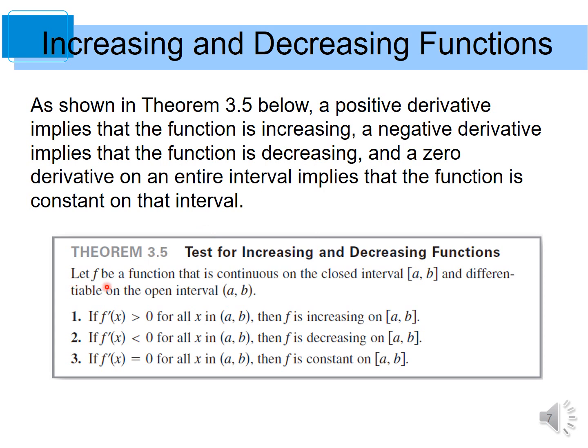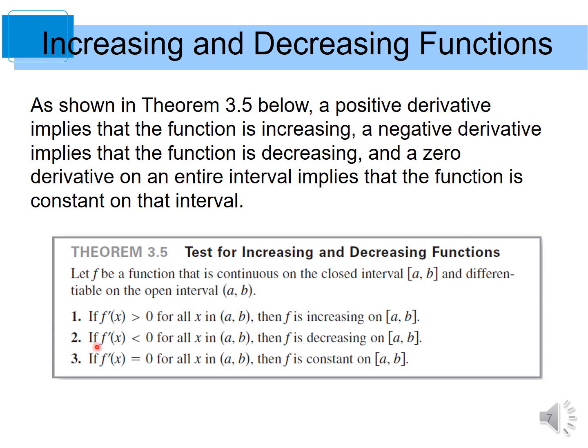Let f be a function that is continuous on the closed interval [a, b] and differentiable on the open interval (a, b). First, if f prime x is greater than 0, a positive value, for all x in the open interval (a, b), then f is increasing on the closed interval [a, b].